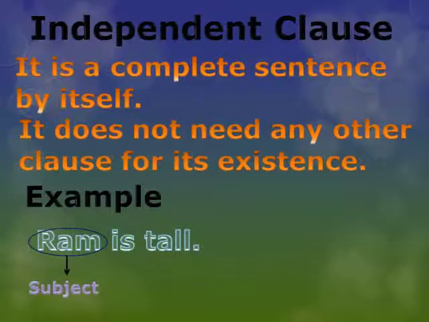Ram is a subject, is is a verb. As it is a complete sentence by itself, it does not need any other clause for its existence. That means its meaning is fully clear.